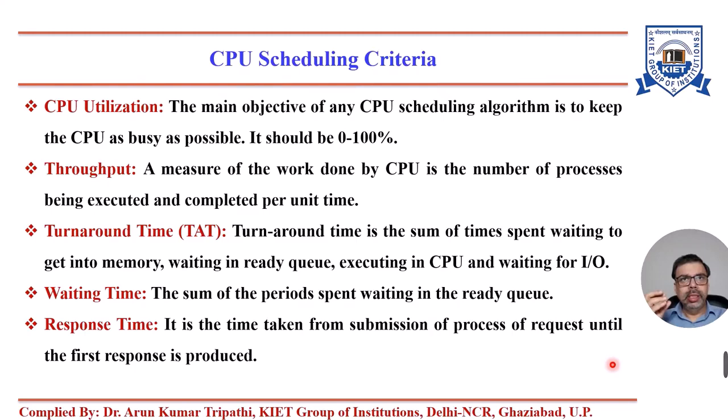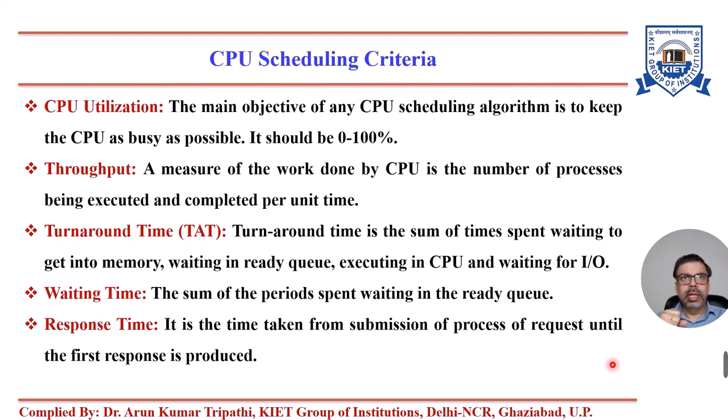Turnaround time is basically the sum of the time that a process has spent in the various queues, such as waiting queue, ready queue, executing, waiting for input, and so on. That means the time a process spends from submission to completion is known as the turnaround time.